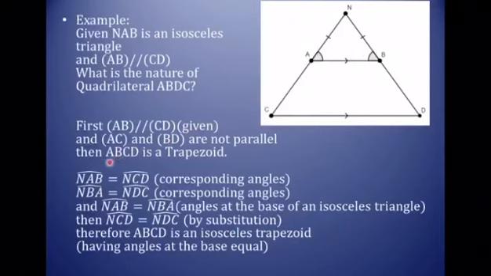So by substitution, we deduce that NCD and NDC are equal. These two angles are the same, they are equal. And we have two angles at the base of this trapezoid that are equal. Then it's an isosceles trapezoid.